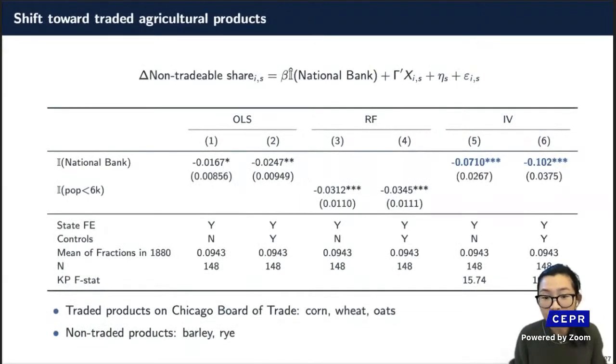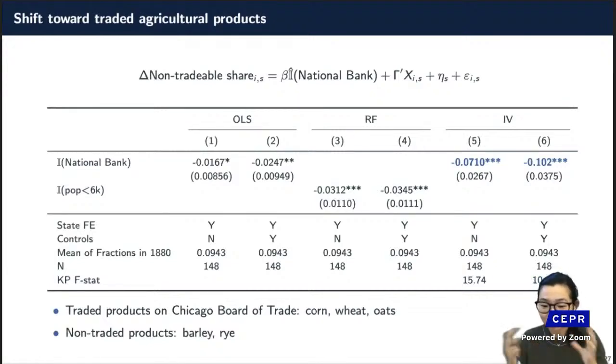But what we do see is that the non-traded share of output shrinks significantly. So what we're doing here is we're looking at the different components of agricultural output, and we're classifying the ones that are traded on the Chicago Board of Trade as a traded product and the ones that aren't as non-traded products.